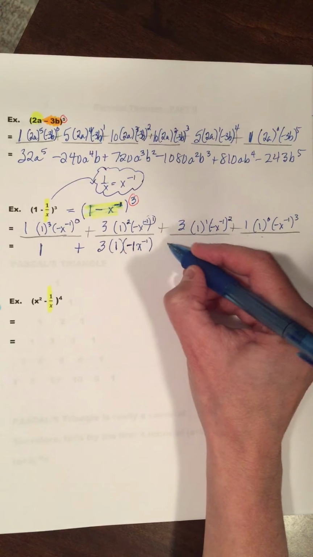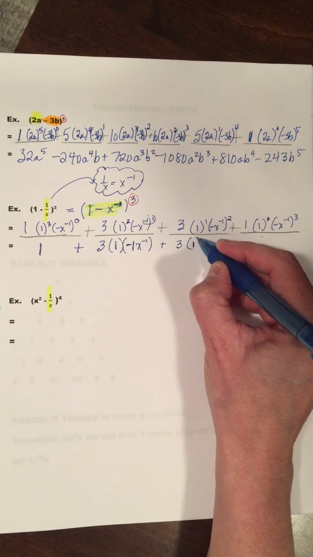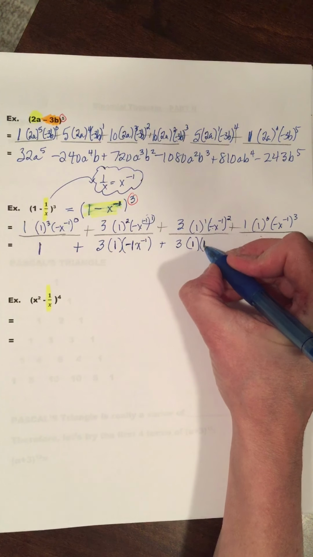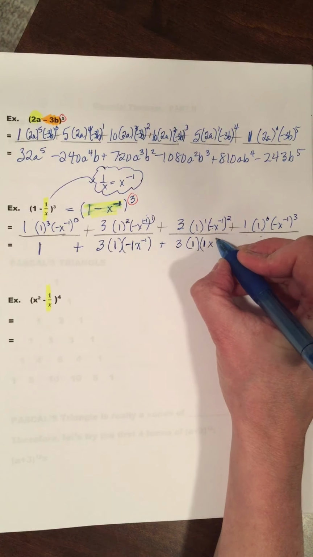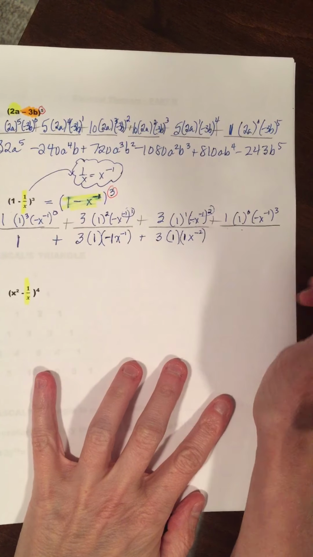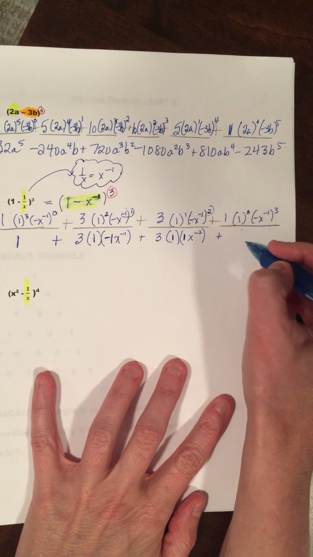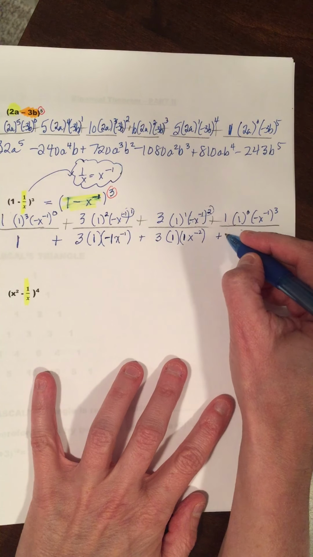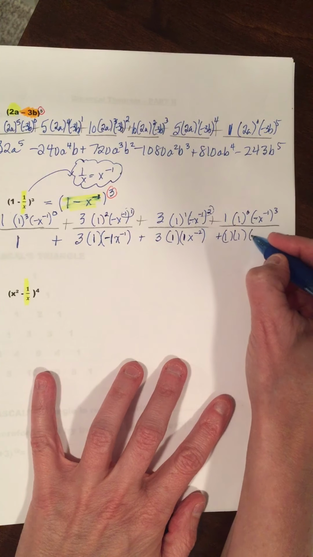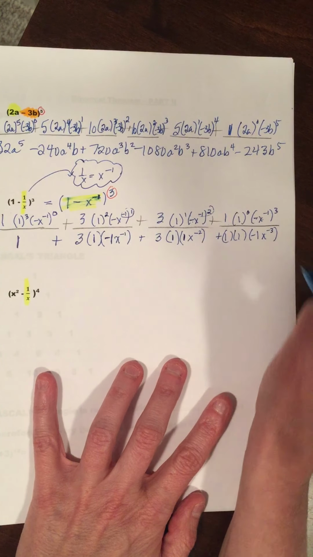We'll clean it up in a sec. 3, 1 to the 1. Negative 1 squared is 1, x to the negative 2. 1 is 1. 1 to the 0 is 1. Negative 1 cubed is negative 1, x to the negative 3.